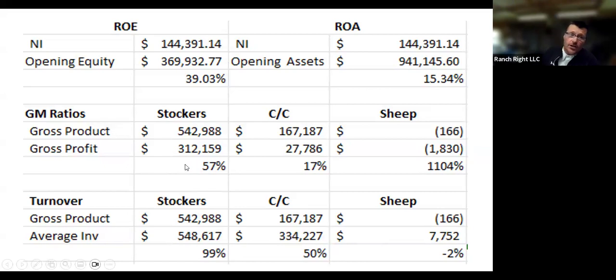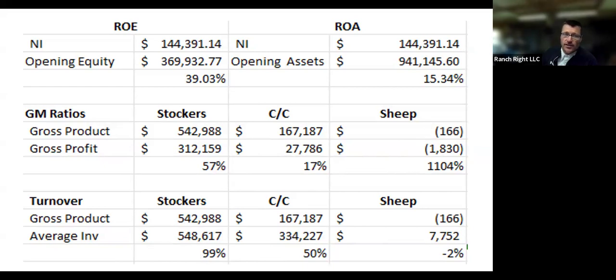If this is a feed yard, for example, this is quite good. If this is an extensive grazing operation, it's marginal. Cow-calf gross margin, I would say, is poor. Sheep margin, don't be fooled by the great percentage. When you divide a negative by a negative, you still get something negative. So that's fairly bad. But when we look at our asset turnover here, the stocker asset turnover is, I would say, very good.